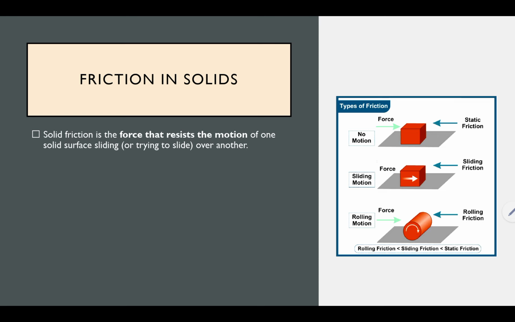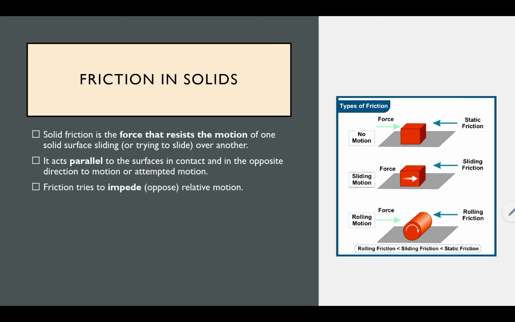So overall, solid friction is a force that resists the motion of one solid surface sliding or even trying to slide over another. It's parallel to the surface in contact and in the opposite direction to motion or attempted motion. So obviously it slows it down. It causes heat due to the energy being converted into thermal energy.